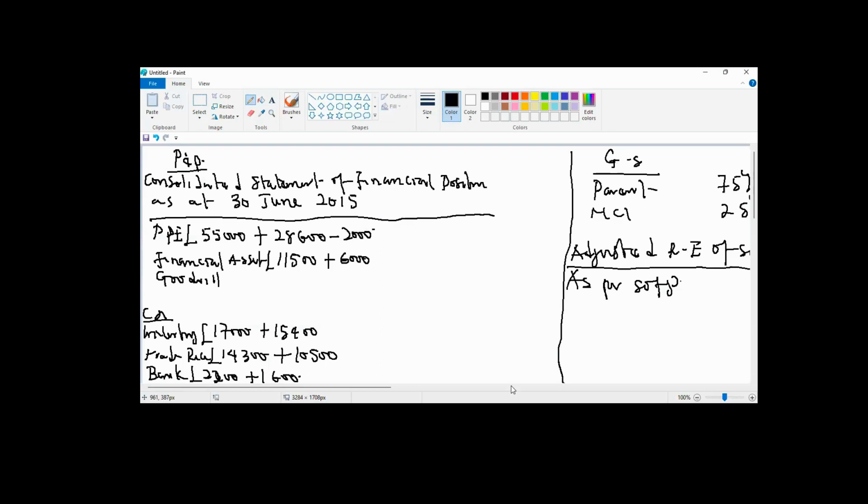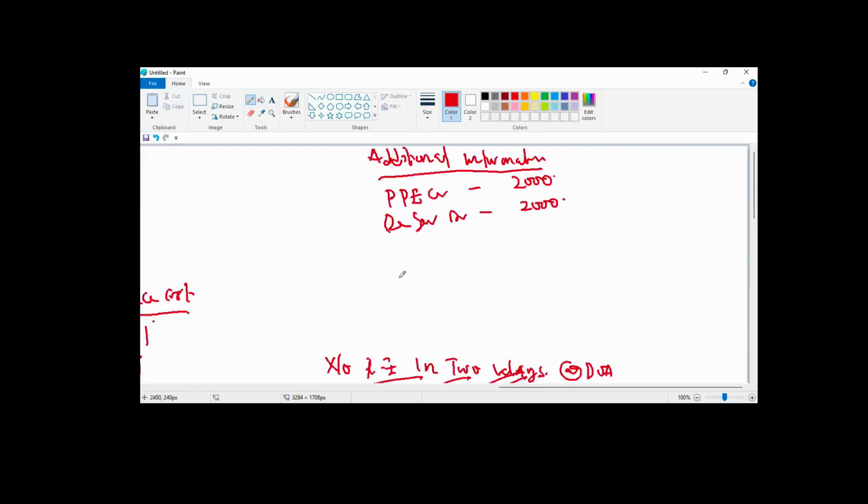The deficit of 2 million divided by 2 times the period from date of acquisition to date of consolidation, which is 6/12. What does it give us? Now, please help me with the calculator. I think that is 500. Yes, that is 500.